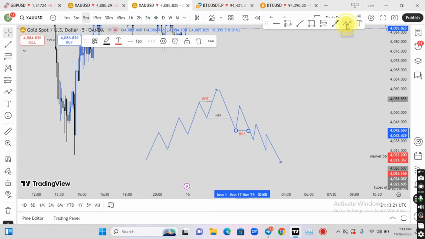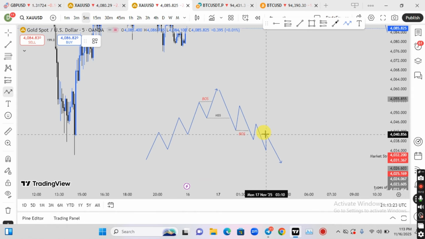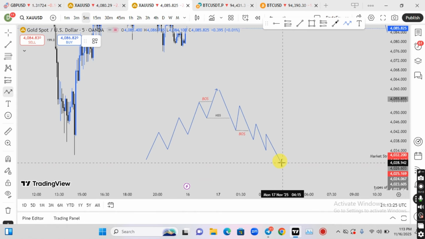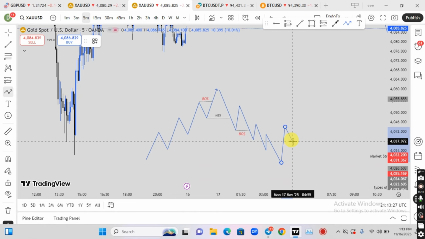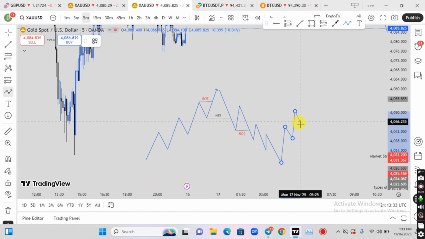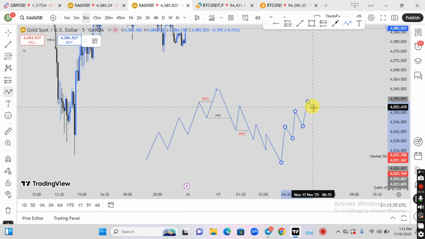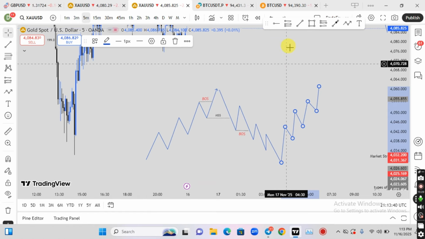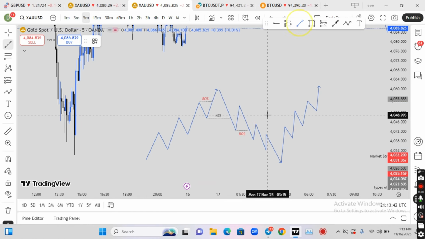But the same vice versa. If price decided to break this recent high here, that means the market is still in direction, and we'll be looking for buy opportunities, not sell again.